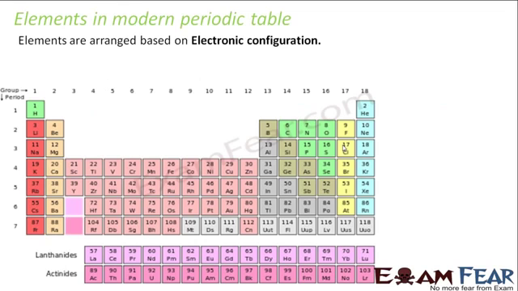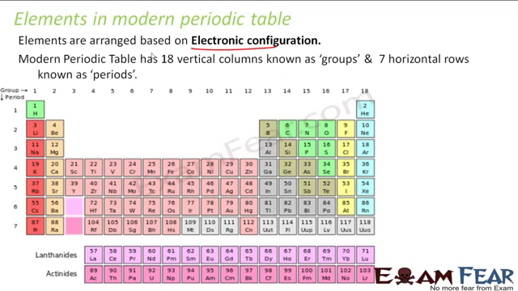So let's see this modern periodic table. Elements are arranged on the basis of electronic configuration, as I told, and there are 18 vertical columns known as groups, and 7 horizontal rows known as periods. You see, they are periods 1, 2, 3, 4 like this, and then they have groups. Why is it called a group? As a memory tip, they are called groups because the elements in a group have the same property.